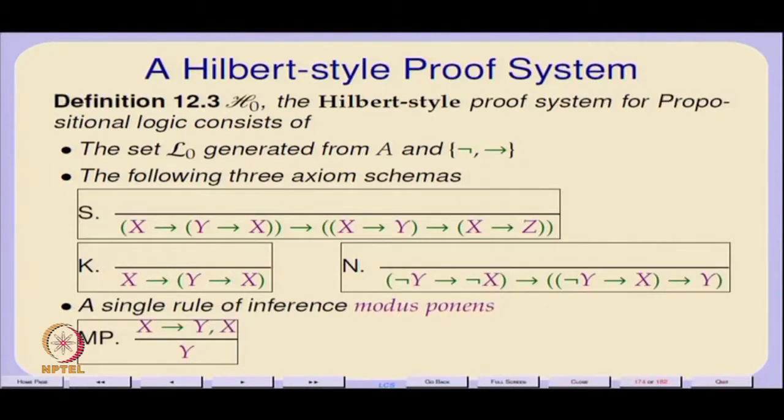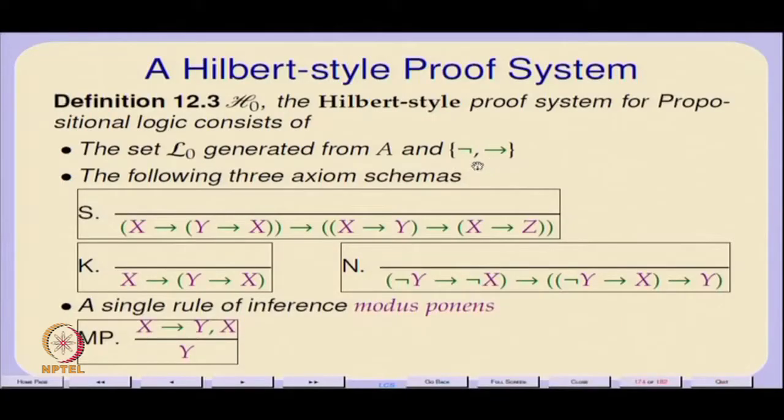All other operators can be defined in terms of these two as abbreviations. So, given that your actual language of description consists of only these two operators and the infinite set A of atoms, then you have these three axiom schemas.